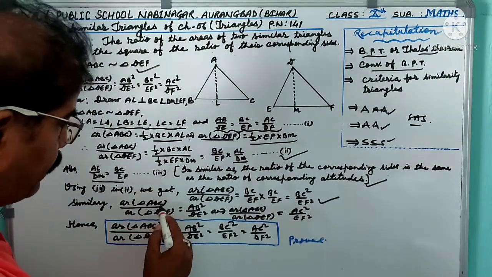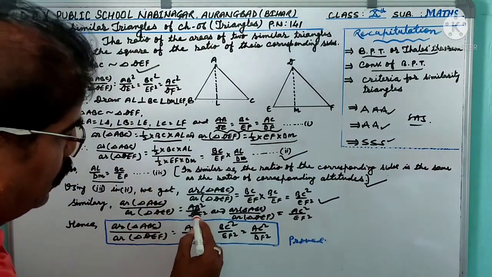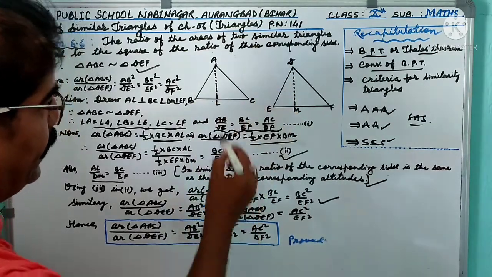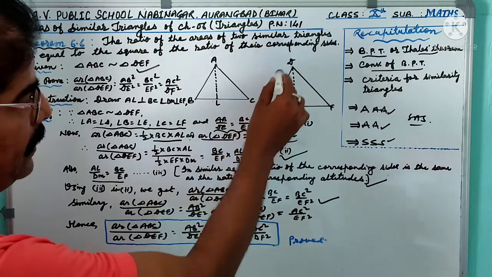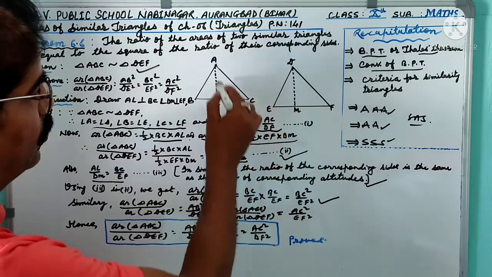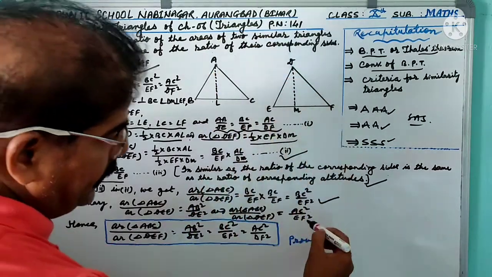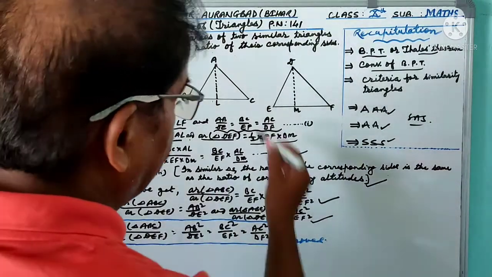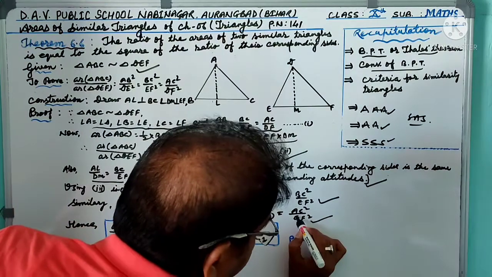Similarly, area of triangle ABC by DEF equals AB square by DE square, and area of ABC by area of DEF equals AC square by DF square.